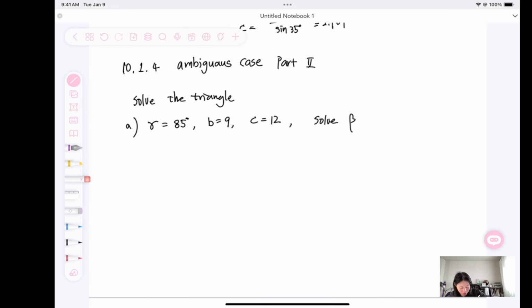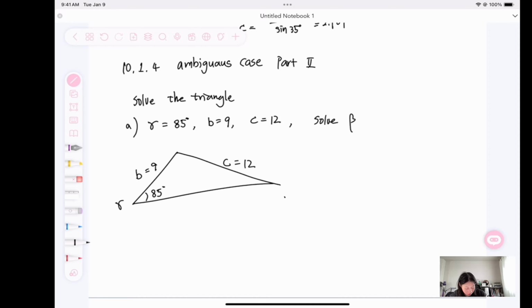First, we want to write a triangle. We know that gamma is 18.5 degrees, corresponding to the side c, and b equals 9 corresponds to beta, and we want to solve for beta.